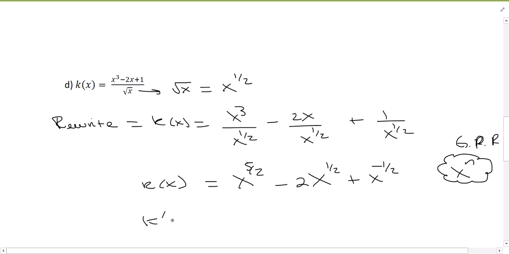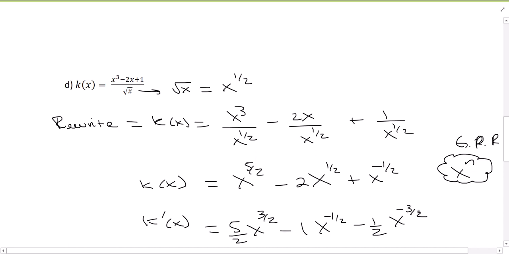And so k prime of x, sorry, that looks like an r there, it's k, would be, bring the exponent down, so it'll be 5/2 x to the, subtract 1, so x to the 3/2, minus 2 times, bring the exponent down, 2 times 1/2 is 1, times x to the, subtract 1, so 1/2 minus 1 is negative 1/2, and then minus 1/2 x to the, subtract 1, negative 1/2 minus 1 is negative 3/2.